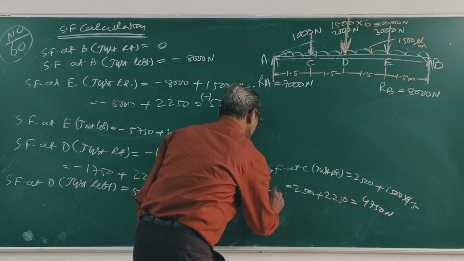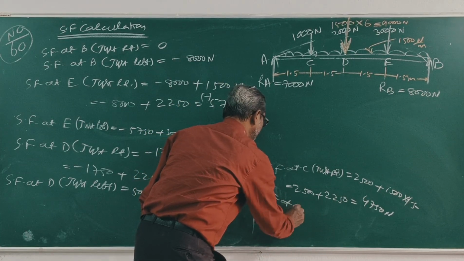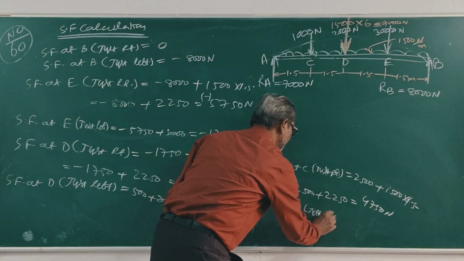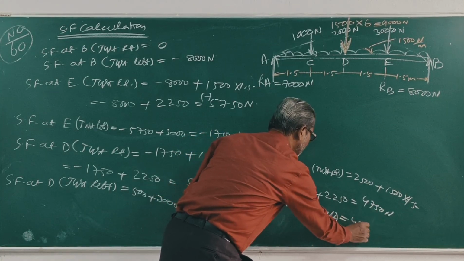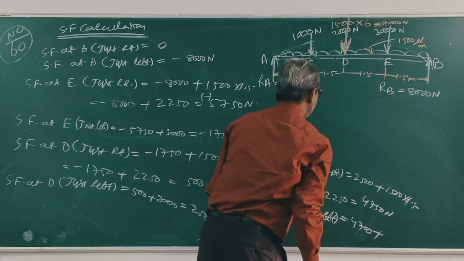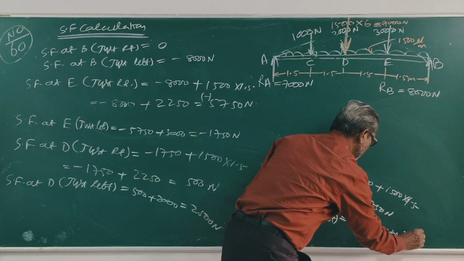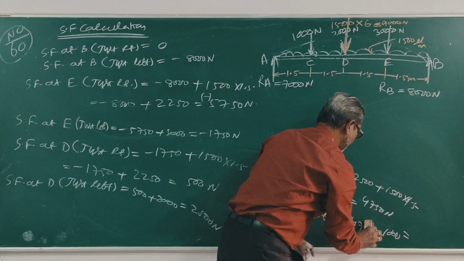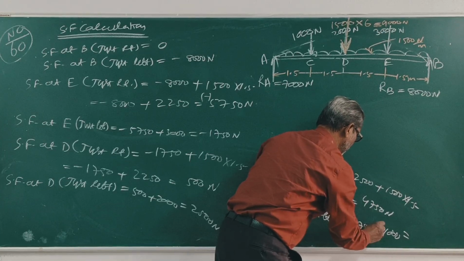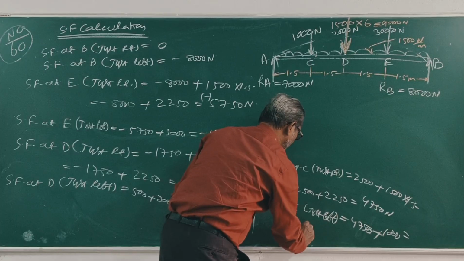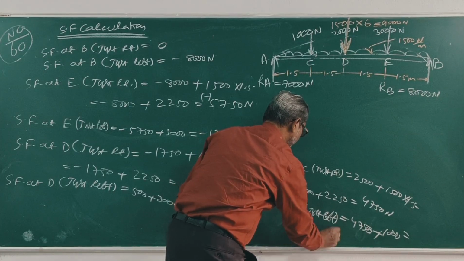Shear force at C just left: 4750 plus 1000, 4750, not 4700, is equal to 5750. Clear?